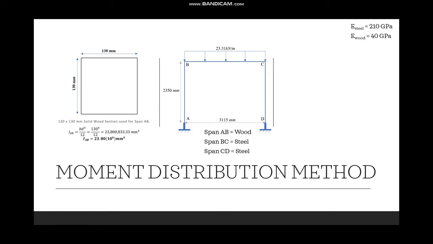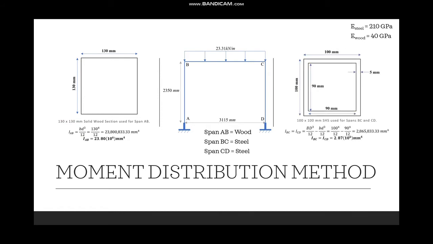From the measurements I took on the playground, it was 130 by 130, and we can use this formula here to determine the moment of inertia for this member. And for BC and CD, we are looking at a steel hollow section with these dimensions here, and we can use this formula here to find the I values.